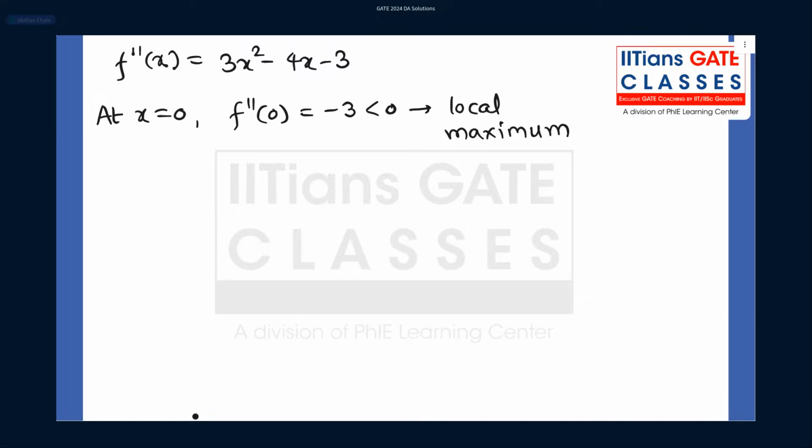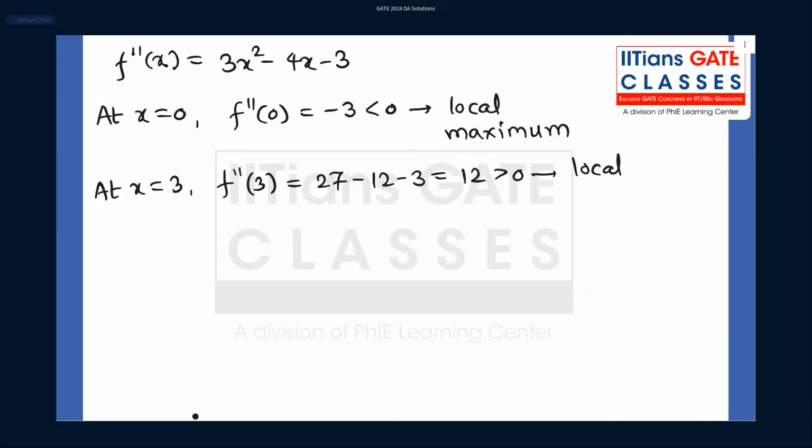Then at x equal to 3, what is the value of second derivative? It is 27 minus 12 minus 3, which is 15 minus 3, 12. So 12 is greater than 0. That implies it is local minimum.